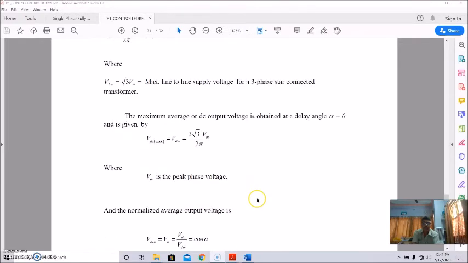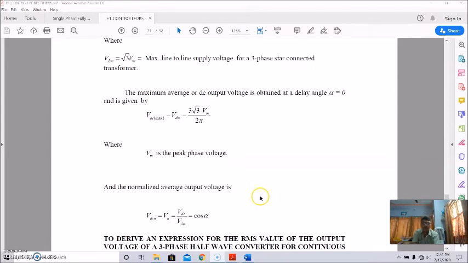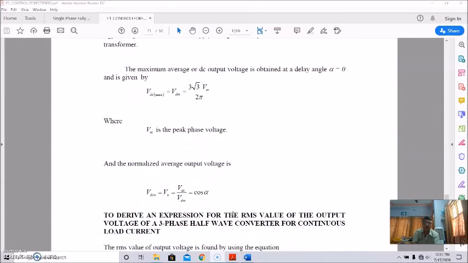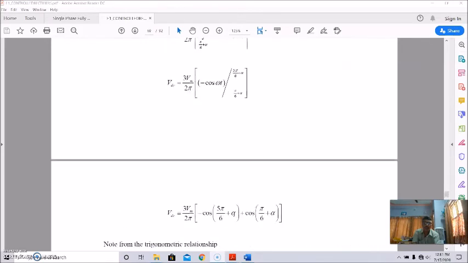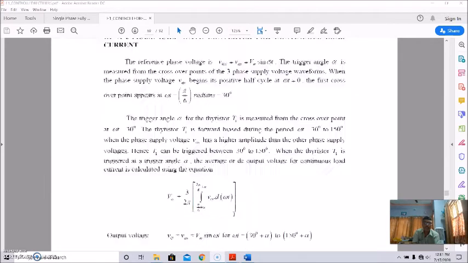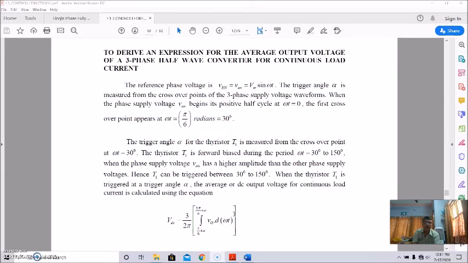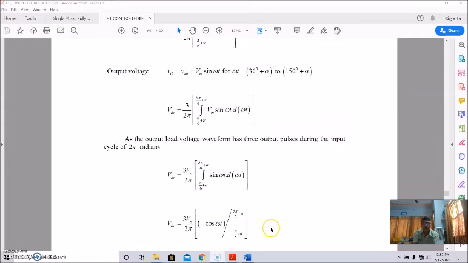Here Vm is the peak phase voltage, and the normalized average output voltage is VDCN equal to VDC by VDM equal to cos alpha. So that's all about the calculation of the output voltage for the three-phase half-wave converters for a continuous load.